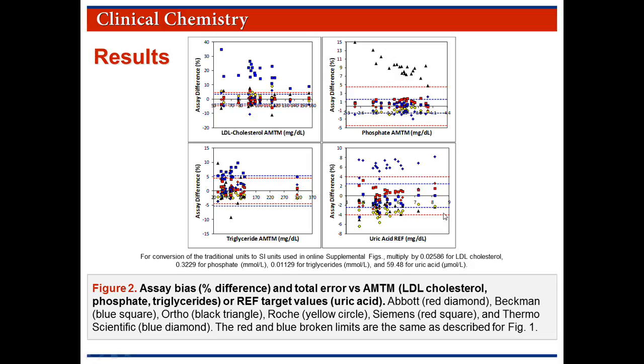For phosphate, assay comparability is not bad, except for this one here, which is the Ortho, the black triangle. For triglycerides, the results were very good, with differences within the optimal limit of 5.3%.